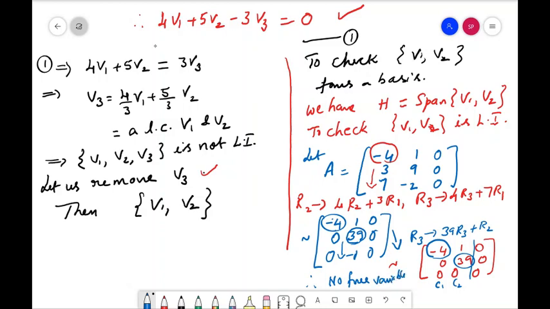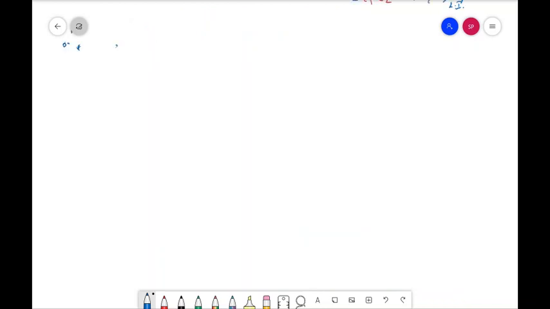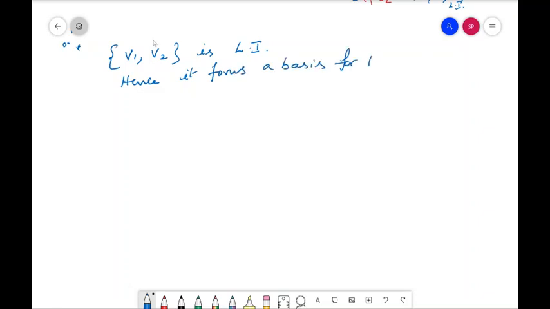If there is no free variable, therefore this forms linearly independent. Therefore the set containing v1, v2 is linearly independent. Hence it forms a basis for H, because it also spans H. So we got a basis for H.